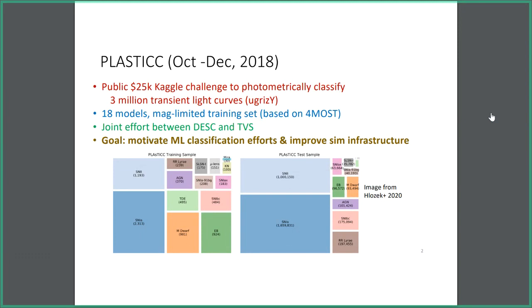It was a joint effort between two science collaborations, DESC and TVS. The primary goal was to motivate machine learning classification, but it was also to improve the simulation infrastructure. Below is a chart showing the relative fractions of each transient type, which is in Renee's results paper.